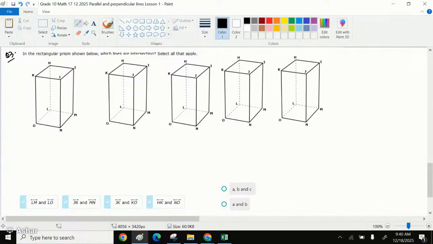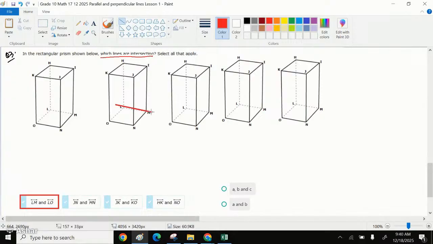The first one was LM and LO, and we need to find intersecting lines. In the rectangular prism shown below, which lines are intersecting?